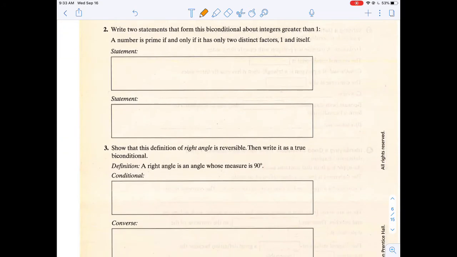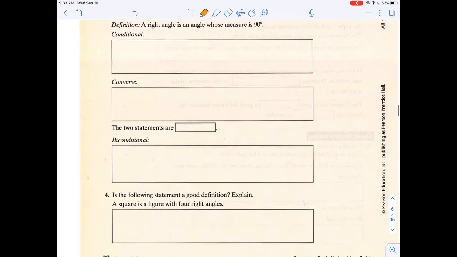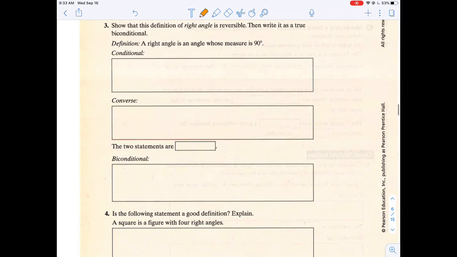Write 2 statements that form a biconditional about integers greater than 1. There are 2 statements in this sentence. You need to separate them into the 2 parts. You're just breaking the biconditional down.